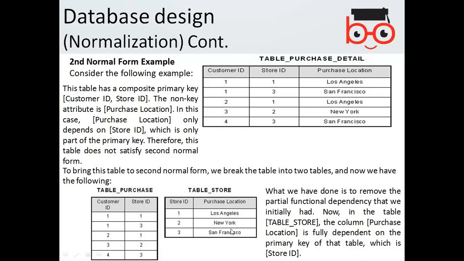Hence, the location Los Angeles is only dependent on the store ID now. In the previous slide, Los Angeles was dependent on customer ID 1 as well as customer ID 2, so it created an inconsistent dependency. Partial dependency should be removed, which is the second normal form.